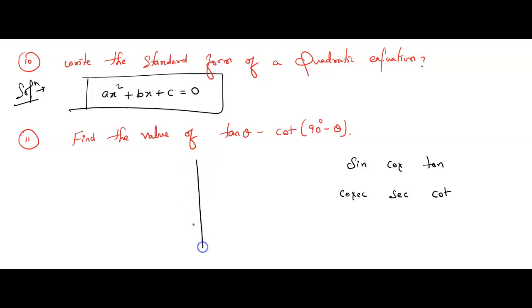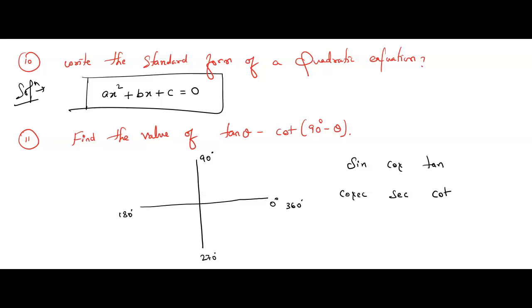Children, you may have seen the axis system. This is called 0 degree, 90 degree, 180 degree, 270 degree. Again it completes at 360 degree.